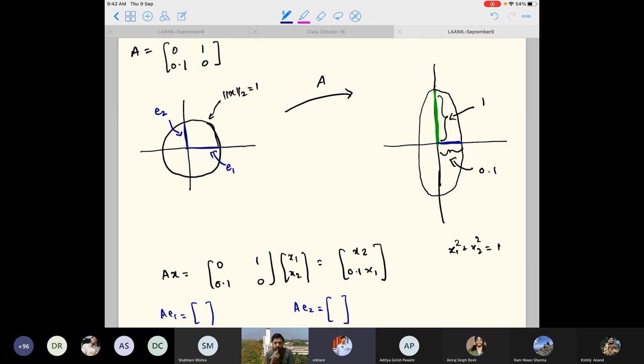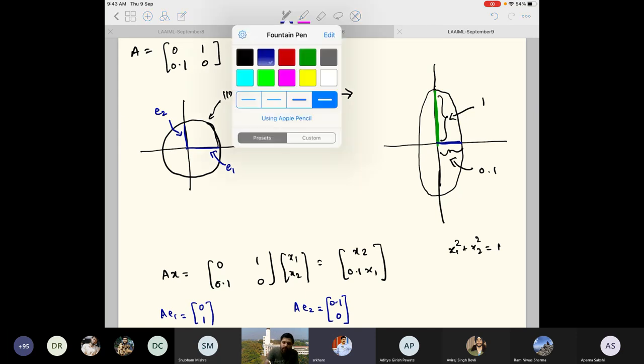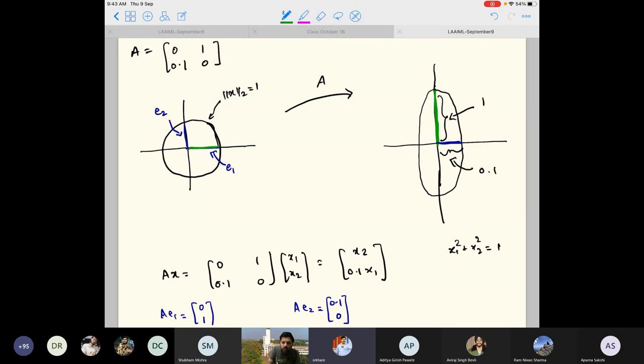AE1 is 0, 1 and AE2 is 0.1, 0. So basically E1 is going to this vector, right? I will make it blue. So E1 is going to this vector and E2 is going to the vector on the x-axis, right?